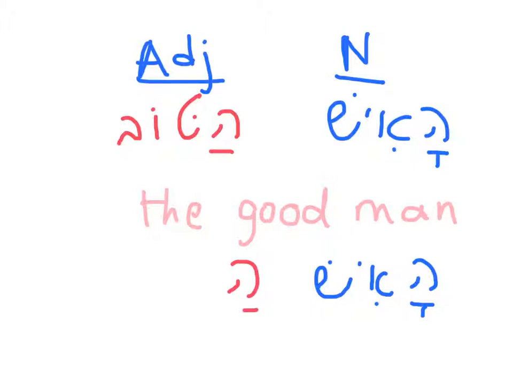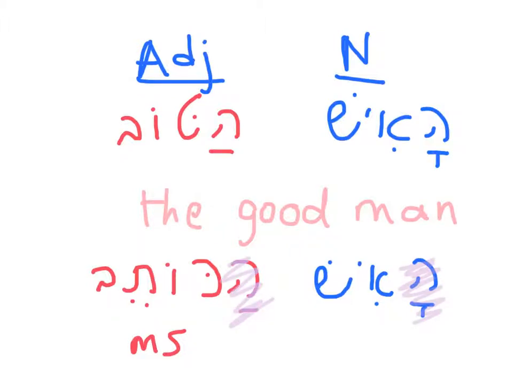It's going to have a ha, and it's going to agree in number, so it's going to be masculine singular, and also in gender, masculine. So let's use a case of ha'ish ha kotev. Okay, we'll get to translating it later. But here I see that I have to have first my noun and then my adjective, and it's going to agree in definiteness. See my ha in both cases.